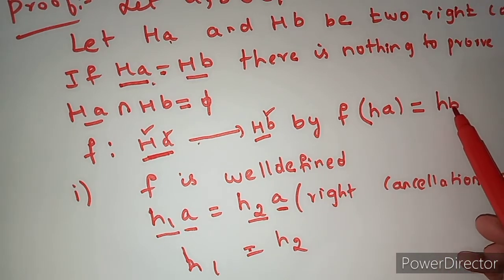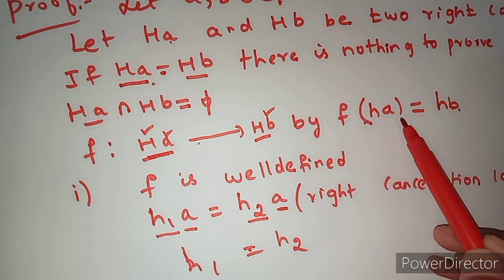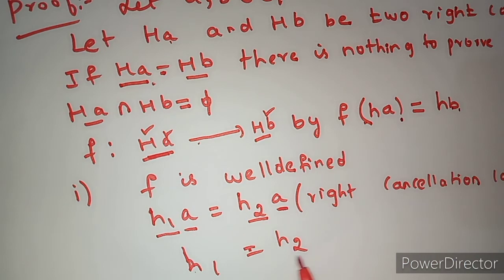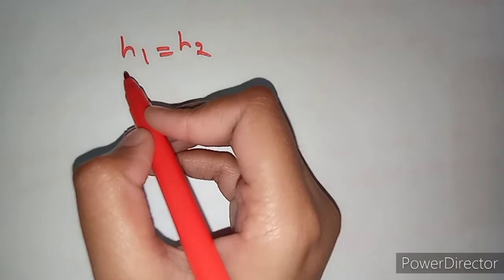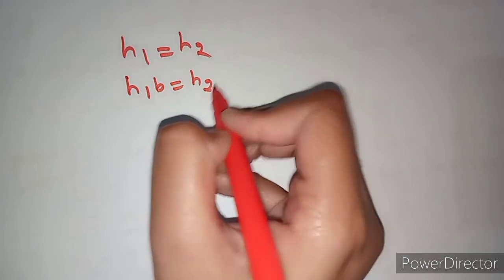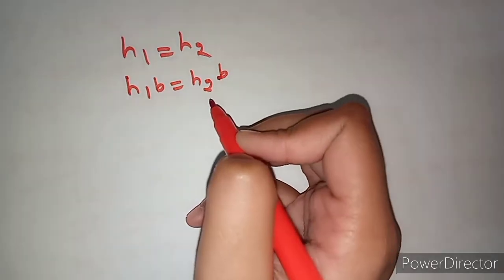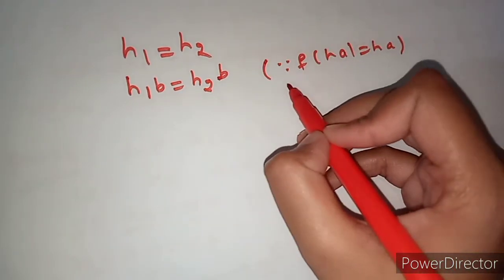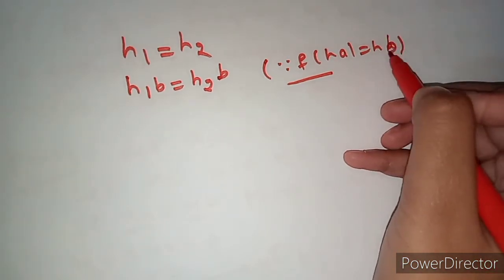Now what do I have to do to get the images as common? See here, hb is equal to f of ha. So h1 is equal to h2, so I will multiply b on both sides to get the images as common. h1b is equal to h2b.